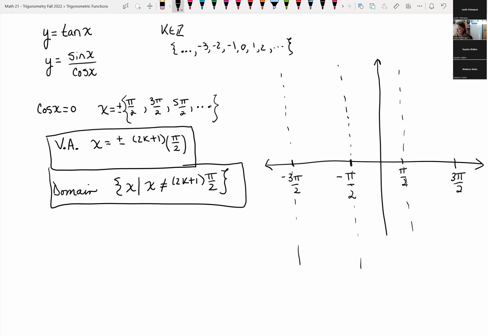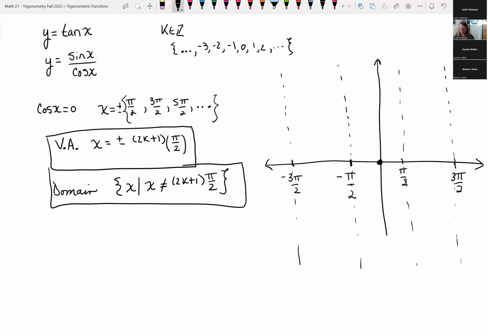And based off of where our vertical asymptotes are, the midway point between those two values, those are going to be where we're crossing the x-axis, or if we're doing shifts, the midway line. And so notice here, the midway line between negative pi halves and pi halves, one period length is pi, is at the origin (0, 0).